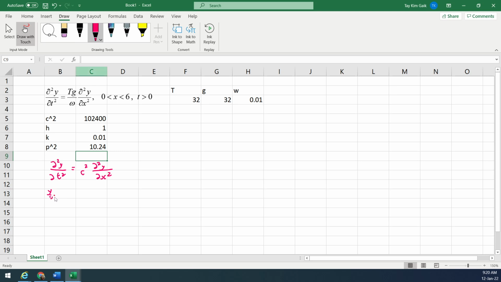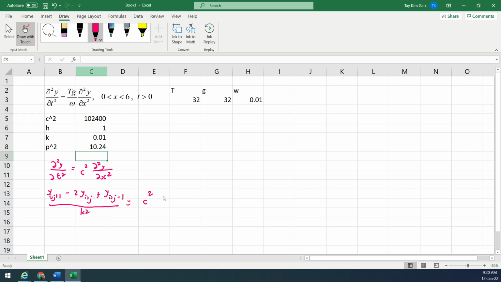So you have yij plus 1 minus 2 yij plus yij minus 1, divided by k squared, equal to c squared, differentiated with respect to x, where y is constant.